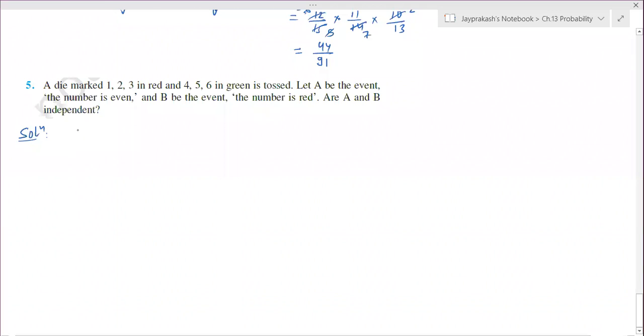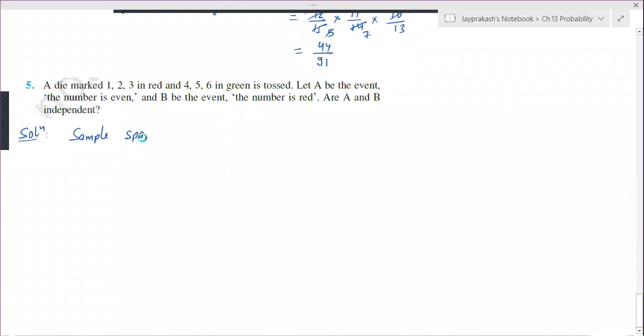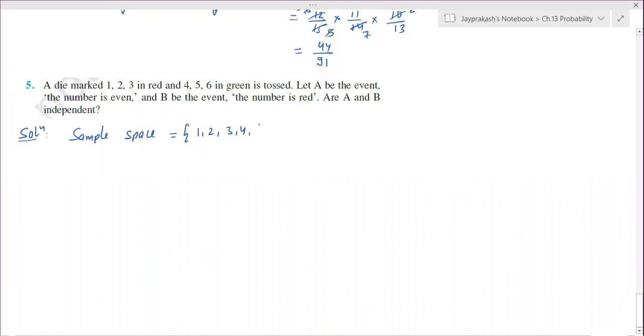So first we will write here the sample space. That is 1 2 3 4 5 6. Now they are marked with the red.